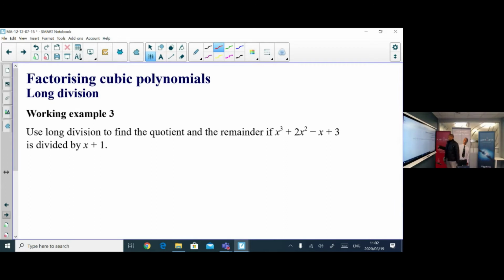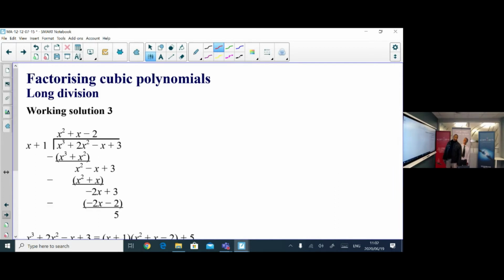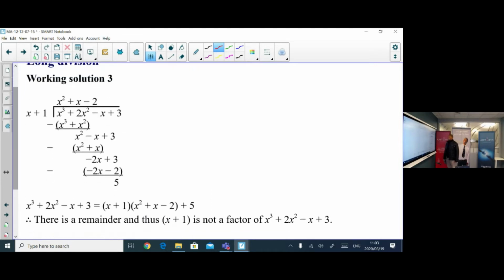For example, if you want to divide this expression by x plus 1, we use the long division, and we found out that you can actually utilize it until you get a final result, which in this case carries a remainder. Such a remainder can now allow us to write the expression according to the quotient there and the remainder. So that is our quotient, and that's our remainder.